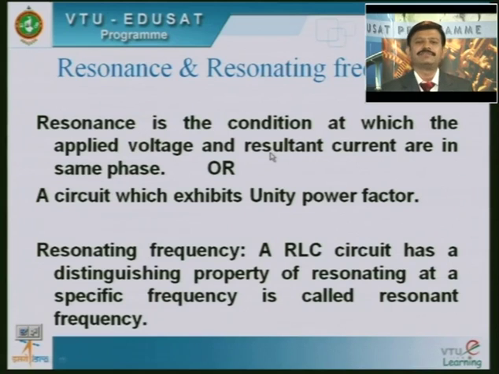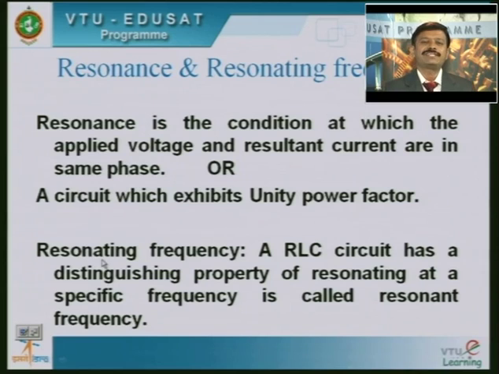This condition exists whenever the net reactance becomes 0. That means inductive reactance and capacitive reactance cancel each other. Then the only remaining factor in the circuit is resistance, and only then we get the condition of resonance.